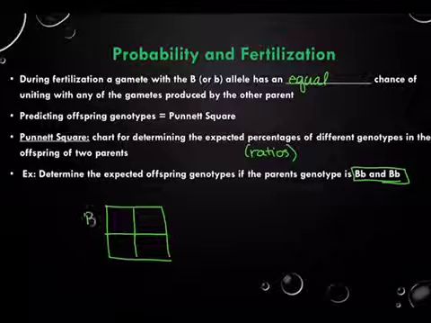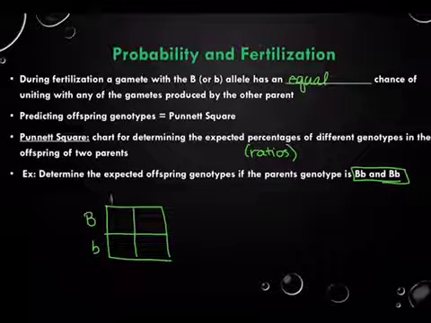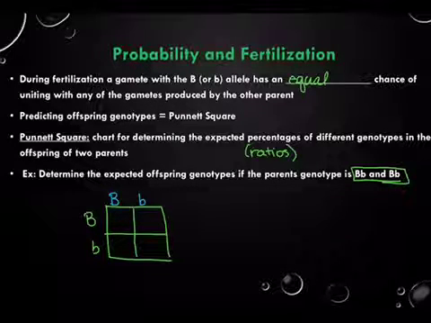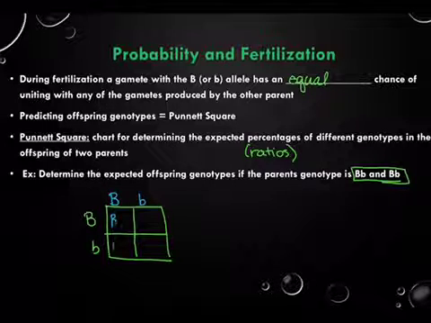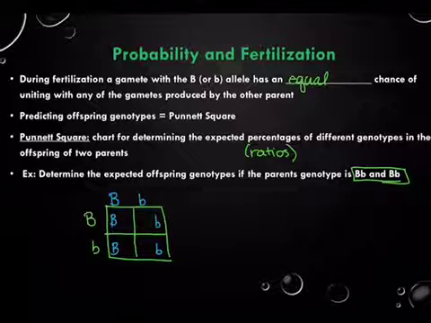You write the parent genotypes on the outside, and it doesn't matter which parent goes on the top or which goes on the bottom. Then you fill it in. The B's on the top drop down, and then the B's on the left side slide across in their respective rows.